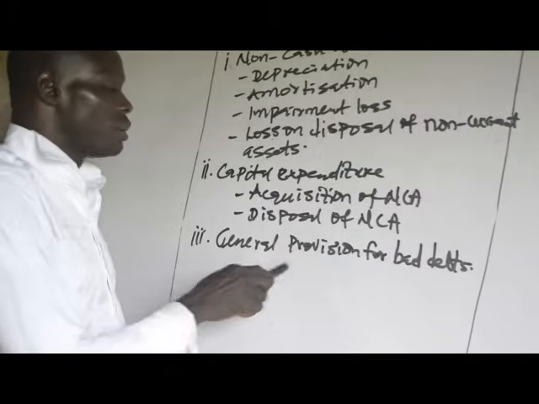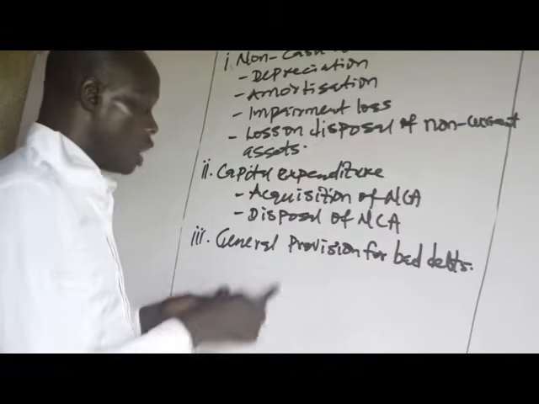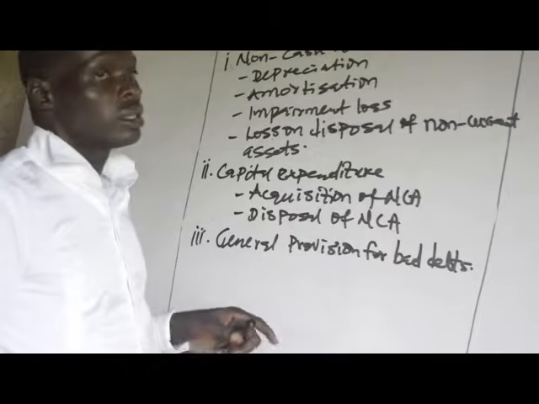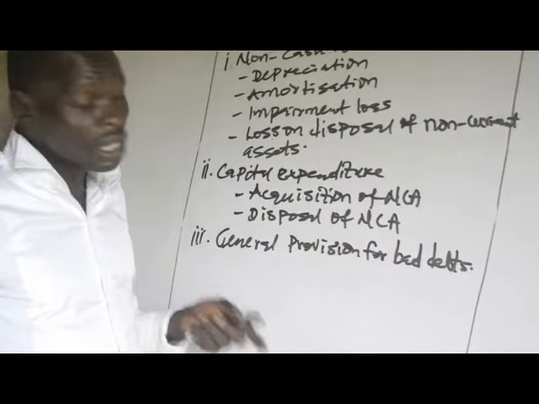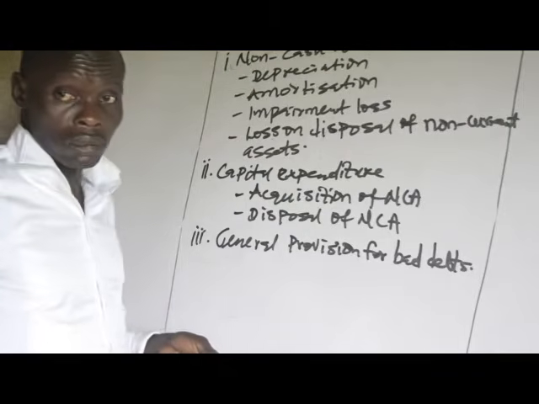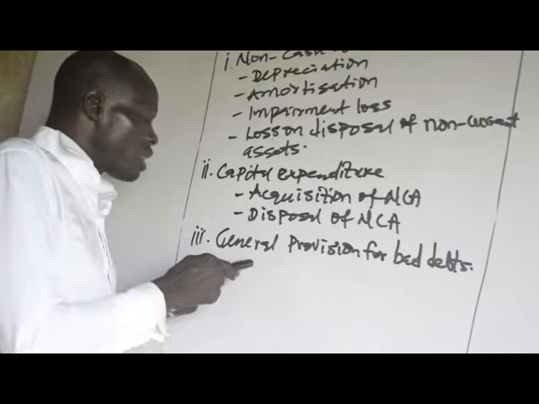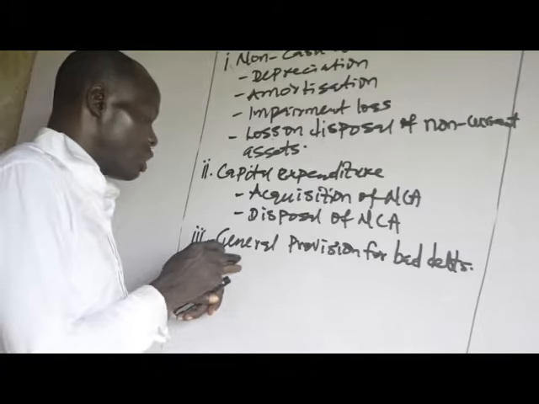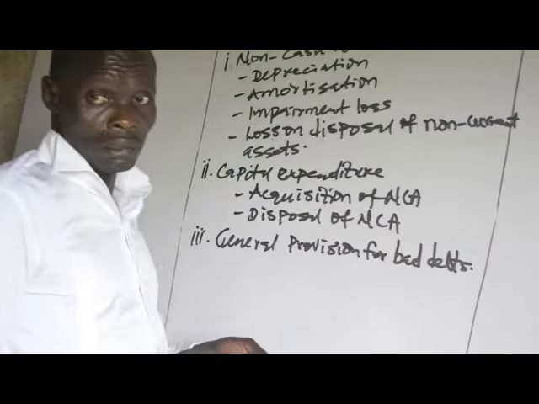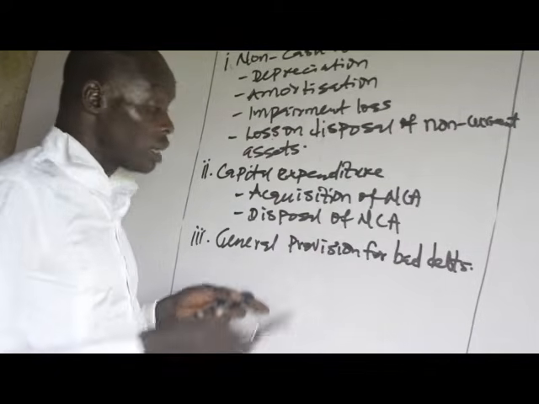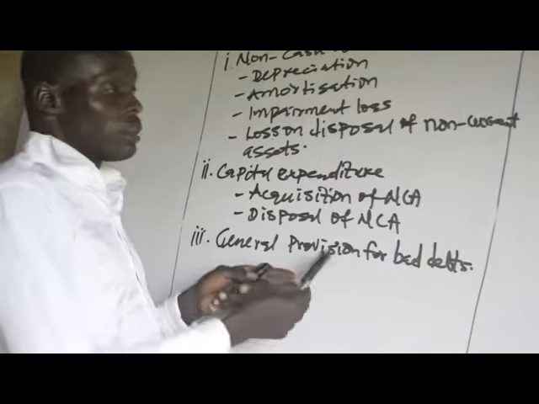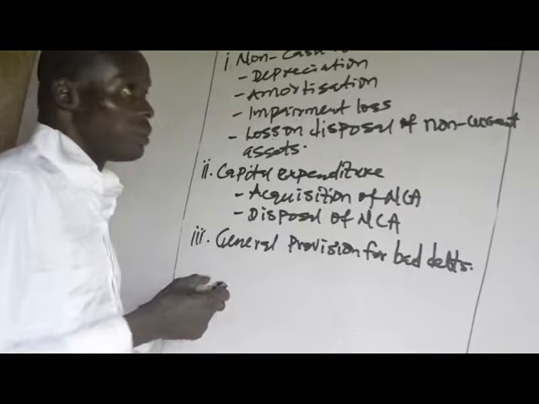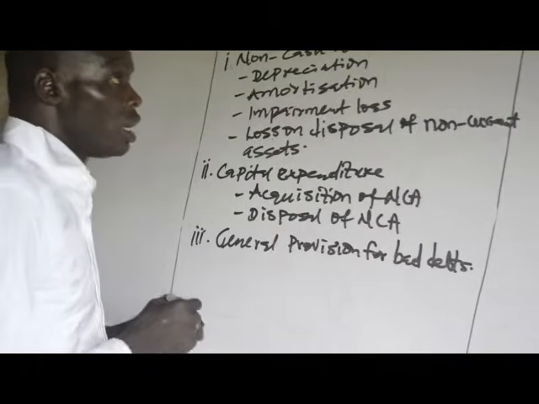In case you are given provision for bad debts, just know that it is general and that provision is not allowable. But bad debts written off is allowable for tax purpose. Don't confuse your bad debts written off with provision for bad debts. The general one is not allowable, but the specific provision is allowable for tax purpose.